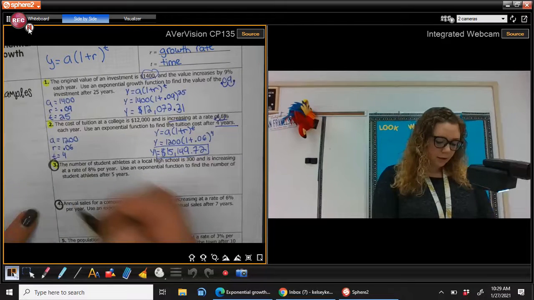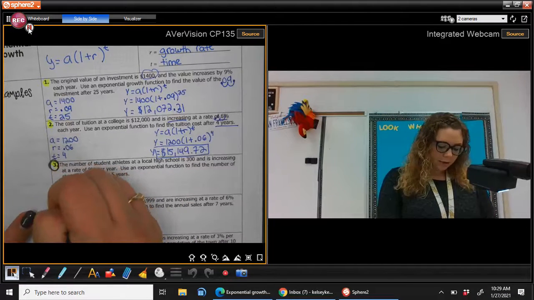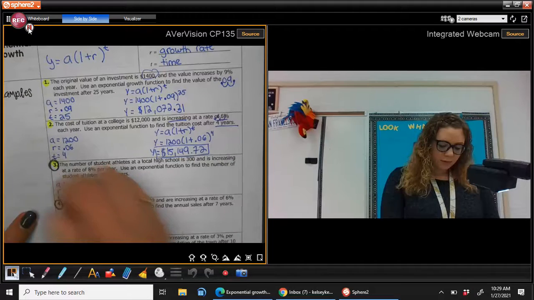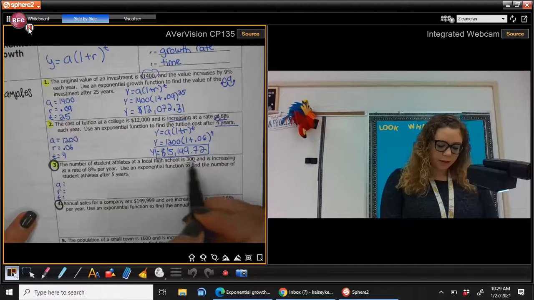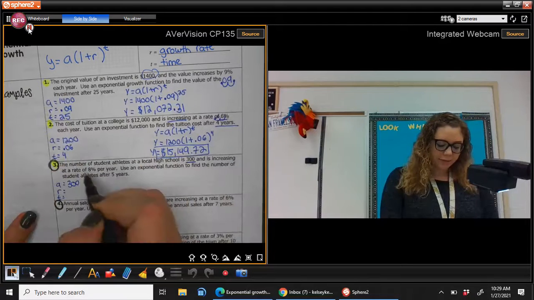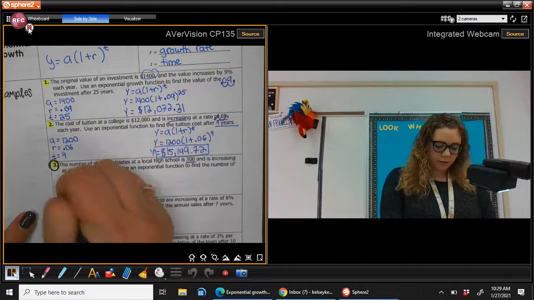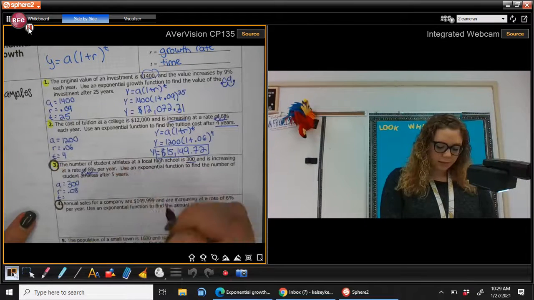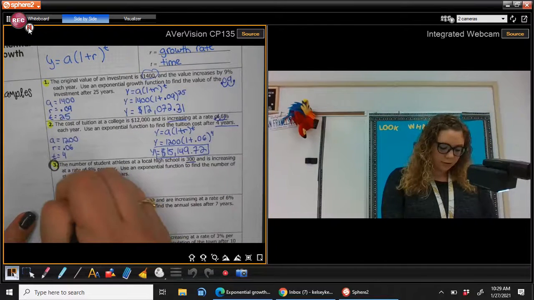Okay, so I have A, R, and T. My initial amount is 300. My rate is 8%. Change it to a decimal. I have 0.08. And my time is 5 years.